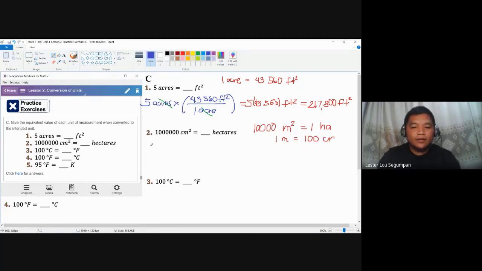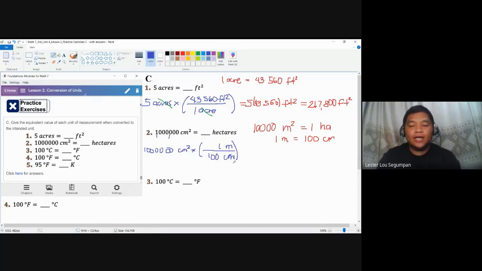So to do that, you have 1 million square centimeters times, let's convert first meter to centimeter. 100 centimeters is equal to 1 meter. However, here comes the unique problem when we talk about conversion of area.